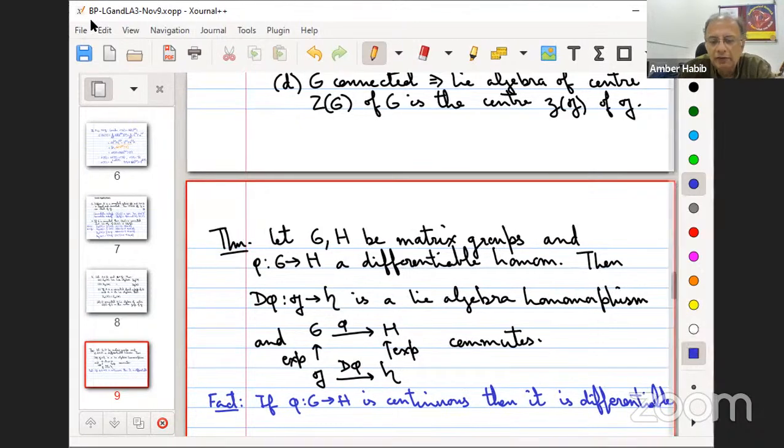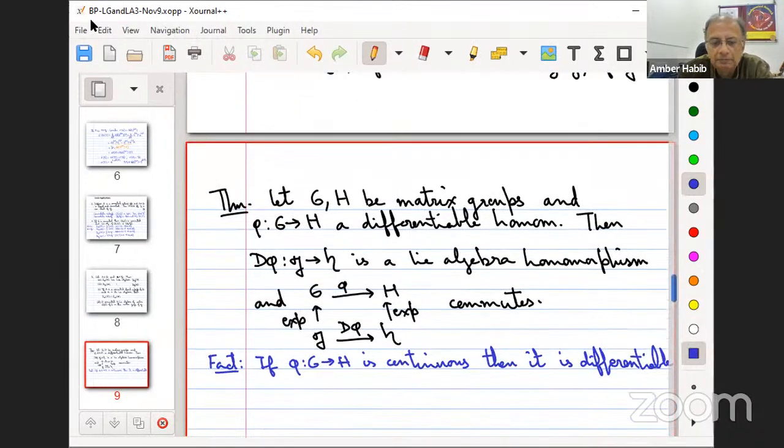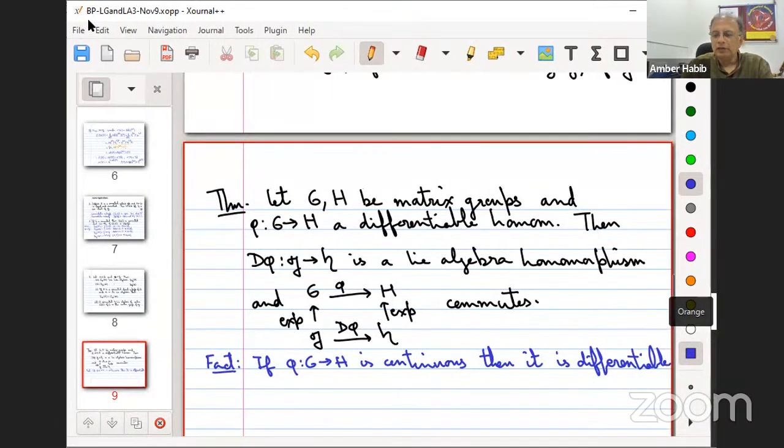There's one very interesting fact, maybe not too important right now, but when you move to maps from a Lie group to the linear maps on some infinite dimensional space, then this fact will become more essential. But I may as well mention it now because it's very striking.